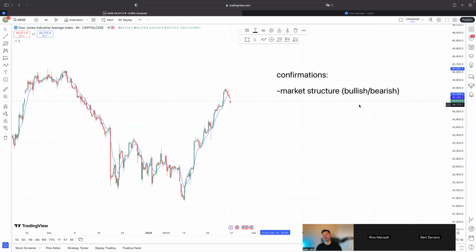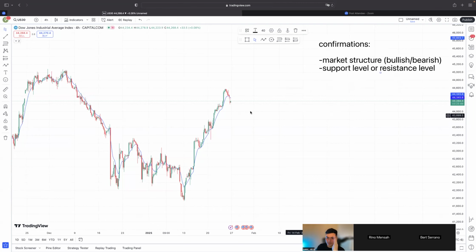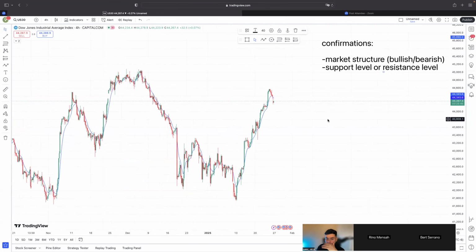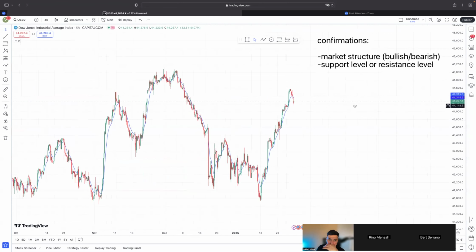And I also have to know whether the price is at a support level or at a resistance level. Then I'm going to explain a little bit more about how to identify support and resistance. I know this is very basic, but it's very, very useful in the real market.